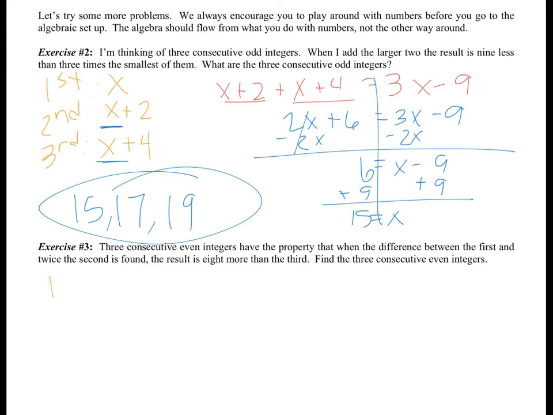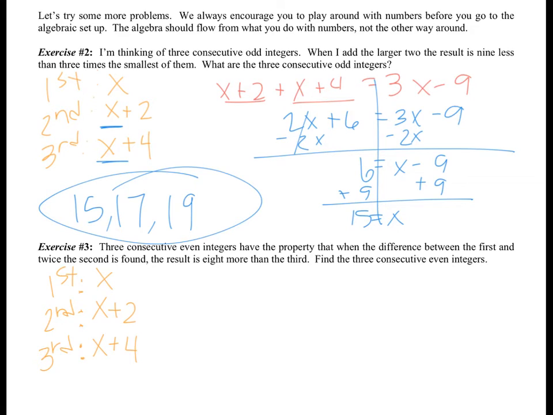3 consecutive even integers. So again, I have 3 integers, and they are consecutive even. They have the property that when the difference between the first and the second is found, the result is 8 more than the third.